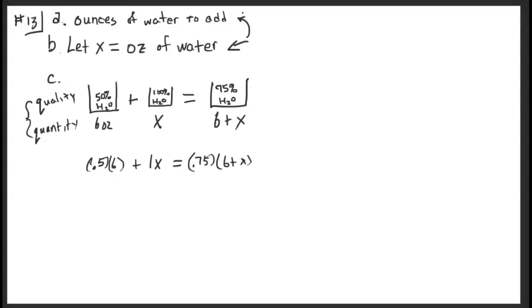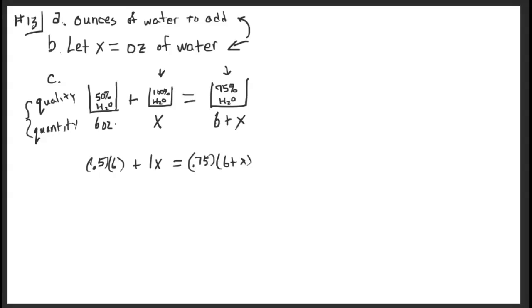So the quality here is pure water. The quality here is 75% water. So turning that 50% into 50% water is the smart way to go. Okay? Number 15, similar type problem. It's a solution problem. And so you should be able to follow that same process.